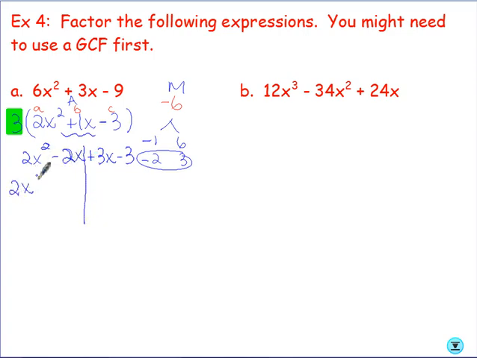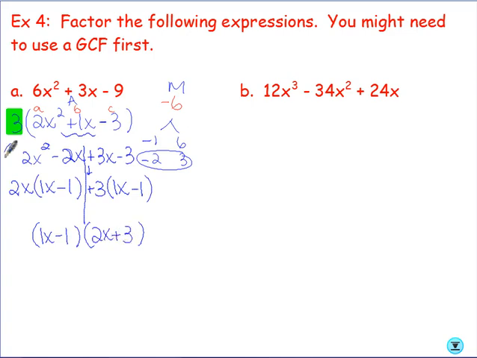X and x have an x in common. 2 divided by 2 is 1x. Negative 2 divided by 2 is negative 1. 3 and 3 can both be divided by 3. Bring down the positive. 3 divided by 3 is 1x. Negative 3 divided by 3 is negative 1. Insides match. 1x minus 1 are your insides. 2x plus 3 are your outsides. Bring down your 3. And let's see how you did on B.